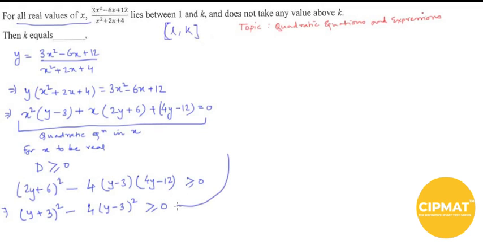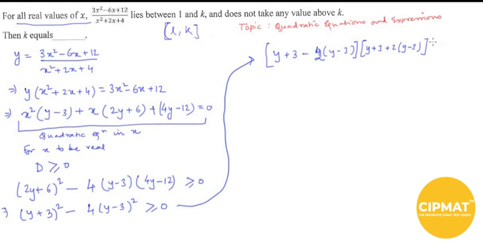Now this over here can be further simplified using the formula a square minus b square is equals to a minus b into a plus b. We get y plus 3 minus 2 times y minus 3, and y plus 3 plus 2 times y minus 3, and this should be greater than or equal to 0.